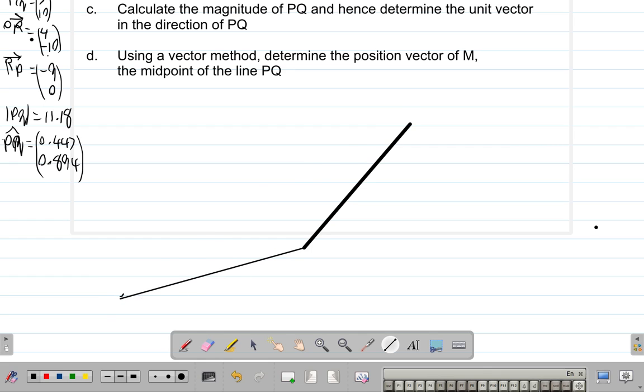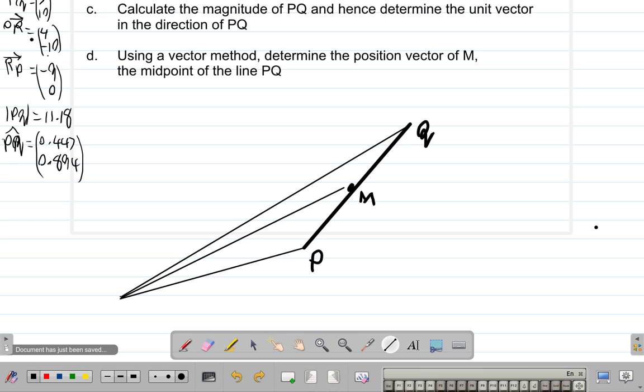Slide to here and slide to here. Good. So we have our P somewhere here and our Q somewhere up here. M would be here. Alright. So if we have a line OM, it would look somewhat like this. Line from O to M.